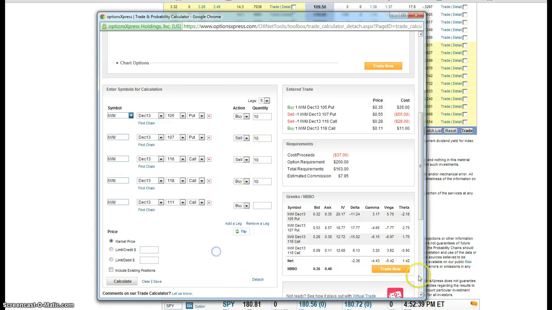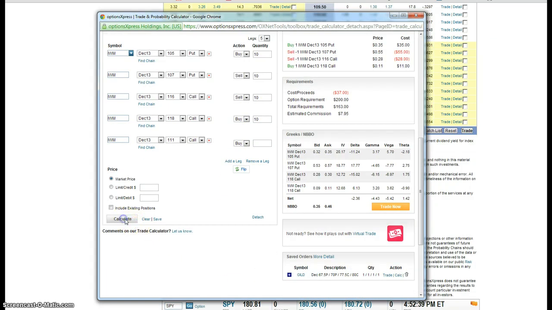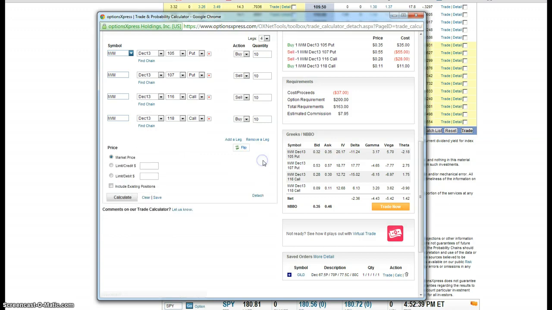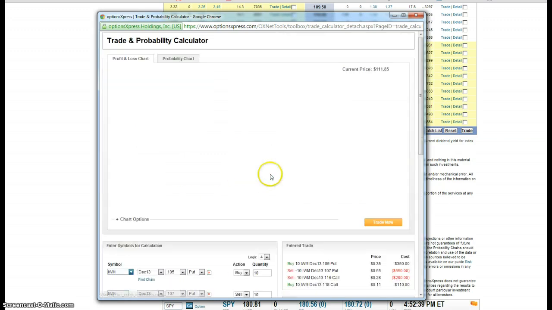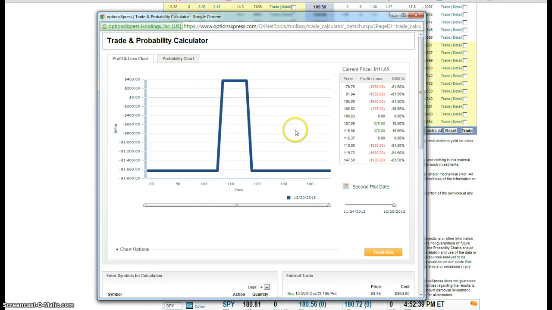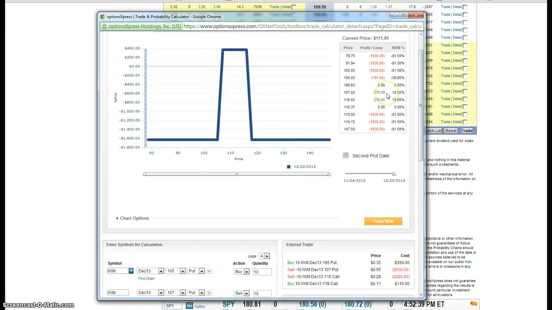Sorry about that. Let's do it again. We don't want that. Okay. Now we'll get it. Okay, there you go. You can see we're going to collect $370, and our risk is $1,630.